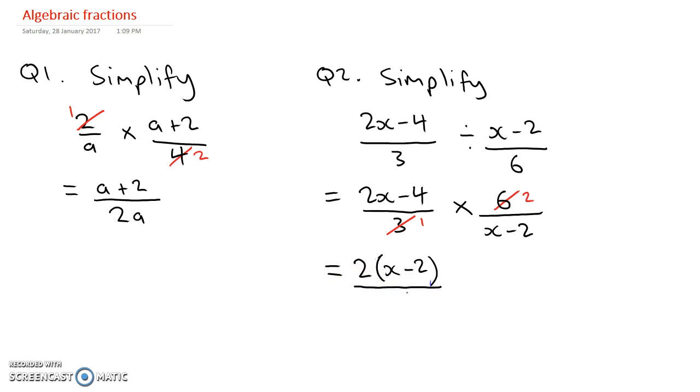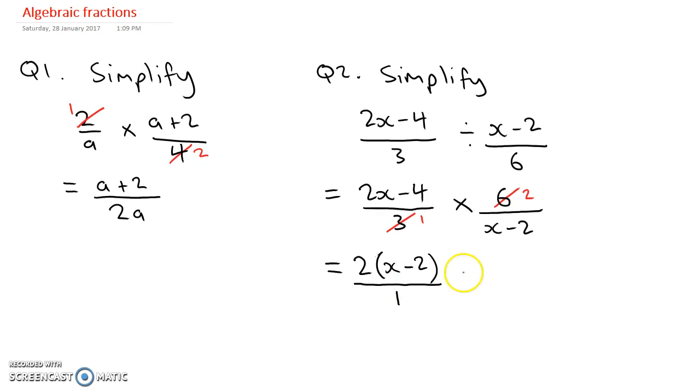So what we've done there is factorize the numerator in the first fraction. Our denominator is 1 after we cancelled. Our numerator here is 2 and we haven't done anything to this denominator here. But this is looking a lot better because now we can do some cancelling across. So we can cancel this x minus 2 with this x minus 2.